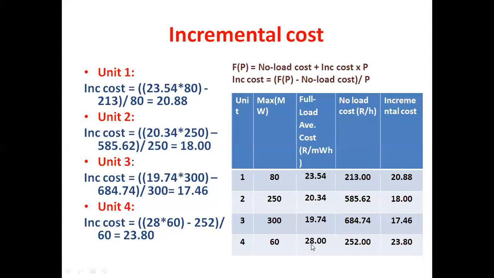For unit 4 it is 28 into 60 minus 252, total divided by 60. It will give 23.80. The incremental cost for units 1, 2, 3, 4 is calculated with the help of this formula, and those data are taken from our example.